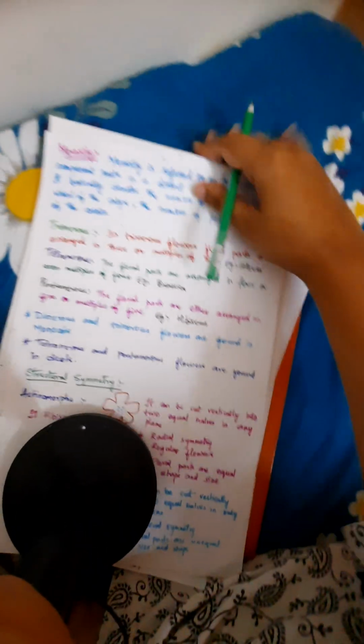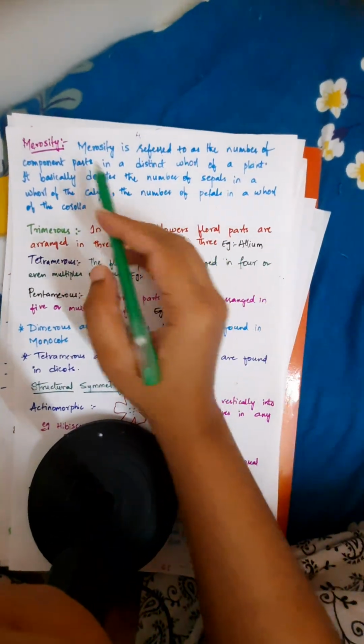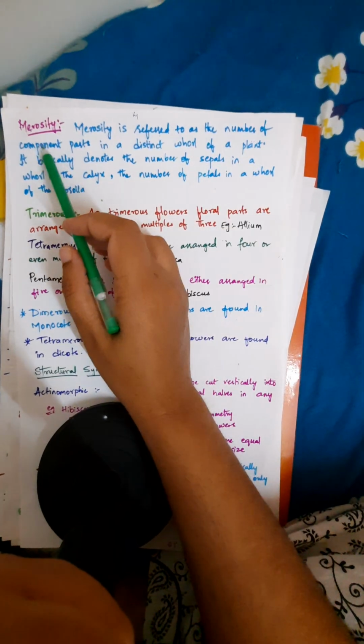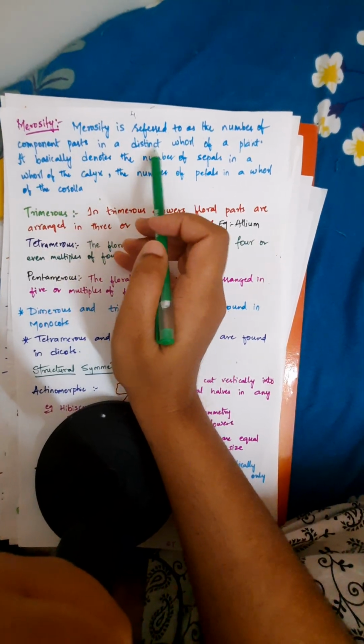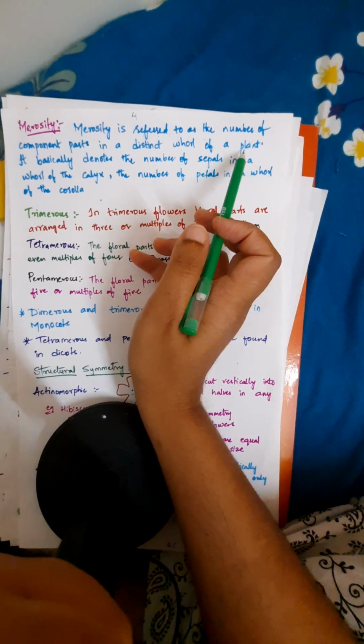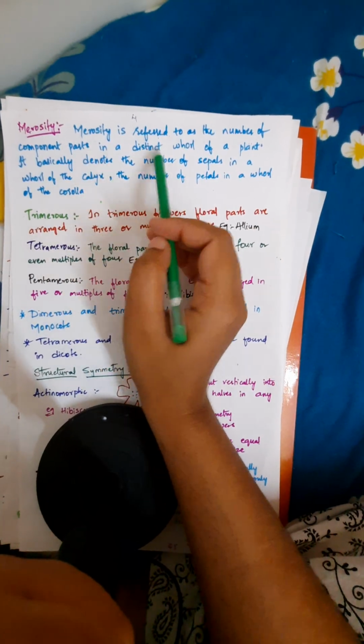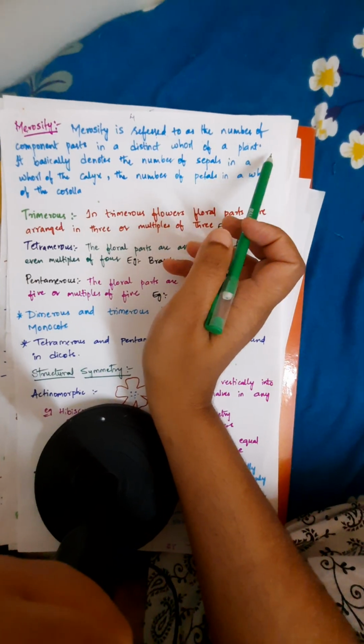Next one is merosity. What is merosity here? Merosity refers to the number of component parts in a distinct whole of a plant, meaning how many components are there in the whole.